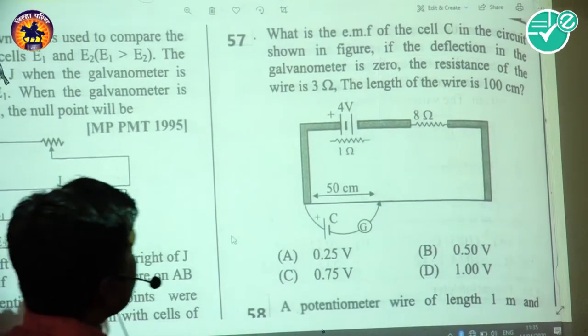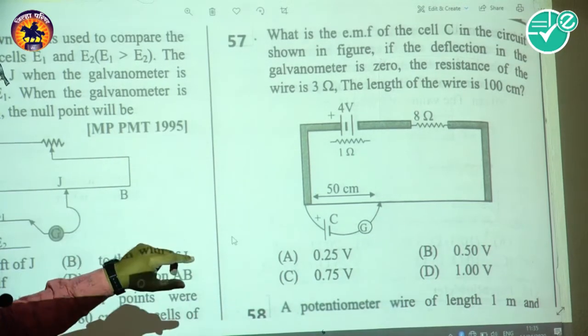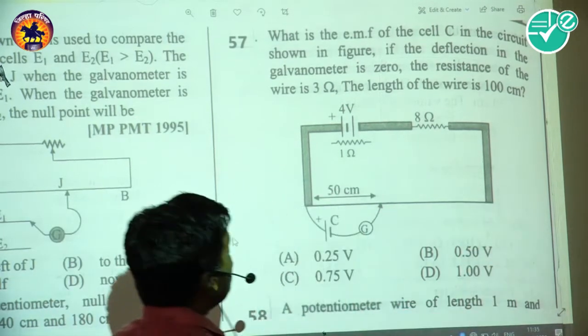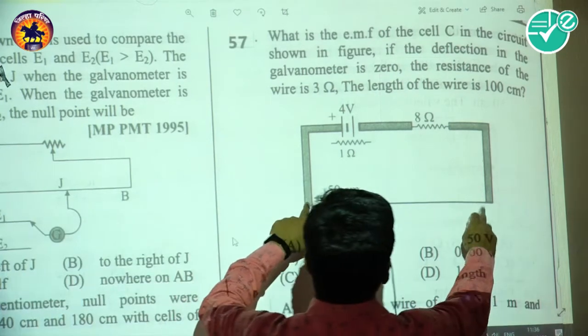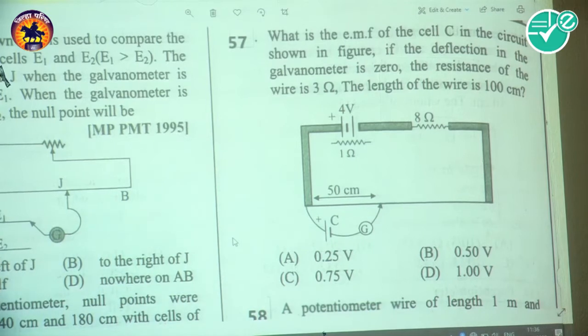The resistance of the wire is 3 ohm, and the total length of the wire is 100 centimeter, that is 1 meter. Here we have to calculate the EMF of the cell C.